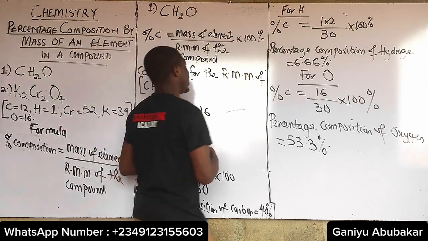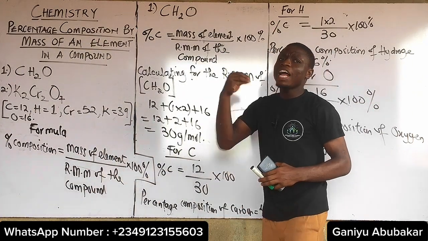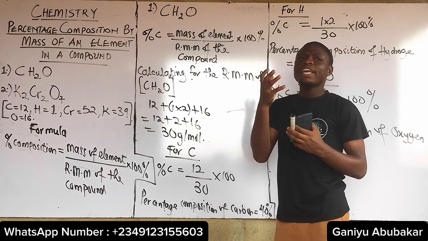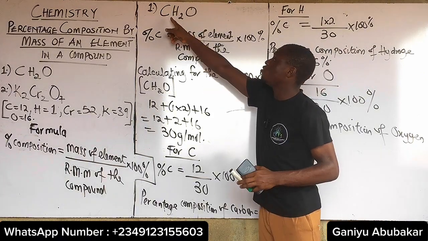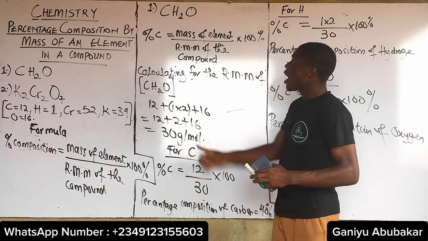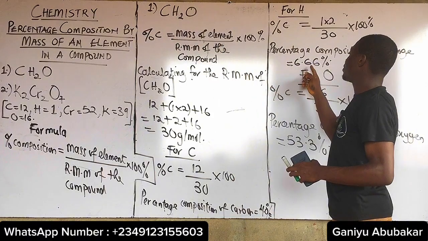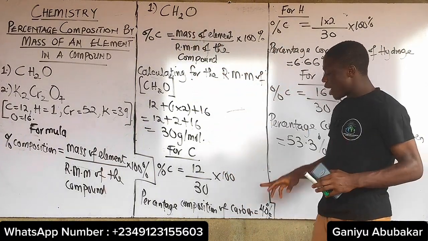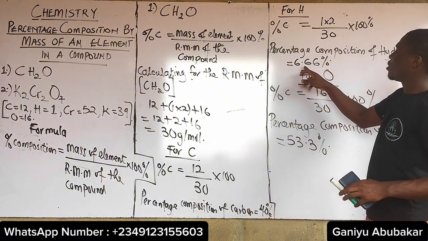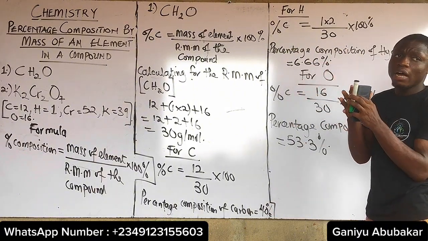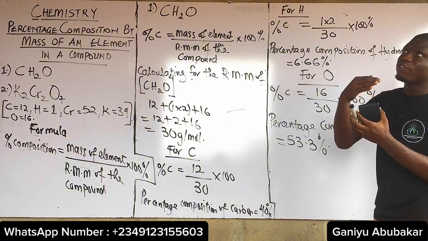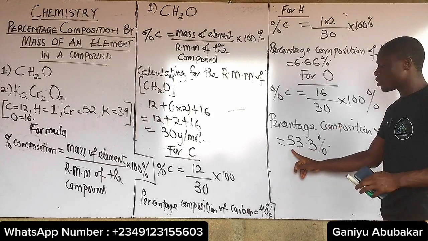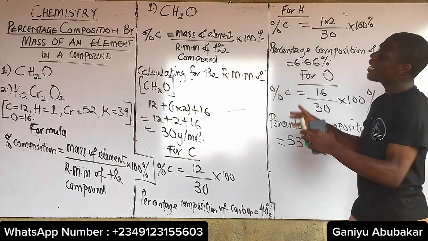So they might ask you that, given the percentage composition of carbon as 40 and hydrogen as 6.66, what is the percentage composition of oxygen? The idea is to add 40 plus 6.66 together and subtract from 100%, so you are left with 53.3.